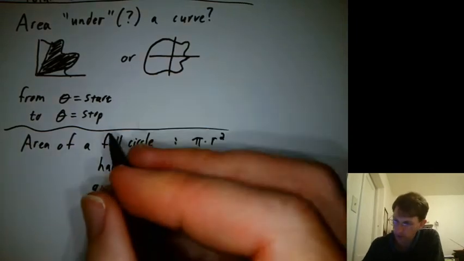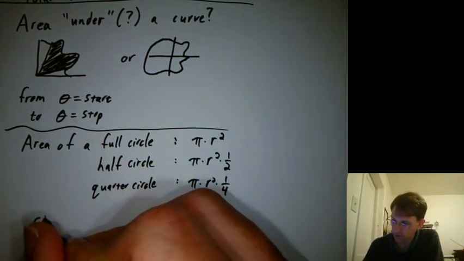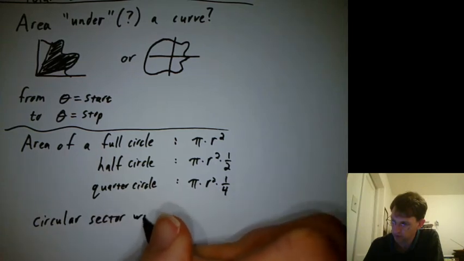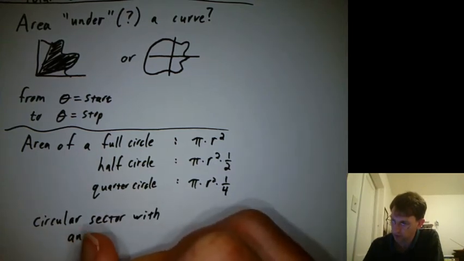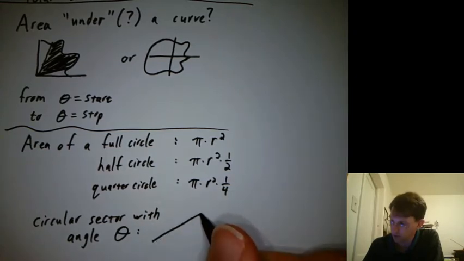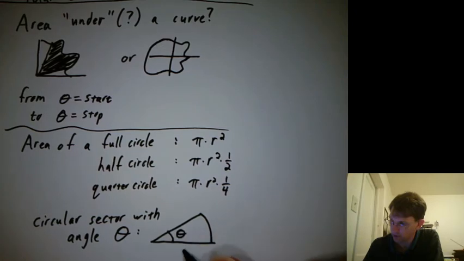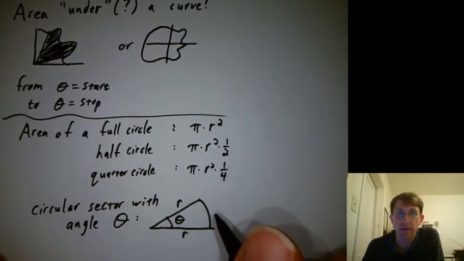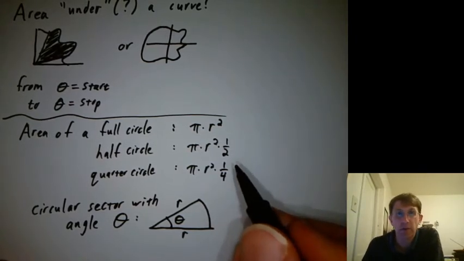So what about a circular sector, with angle theta? So let's draw something like this. And then this length is r and that length is r as well. So that's called a circular sector, or pie slice, you could call it, or cake, depends on your preference.